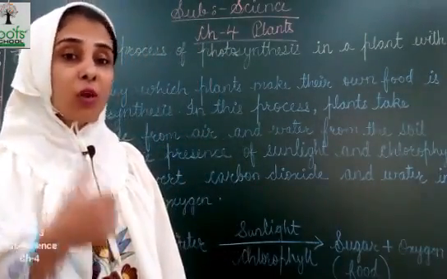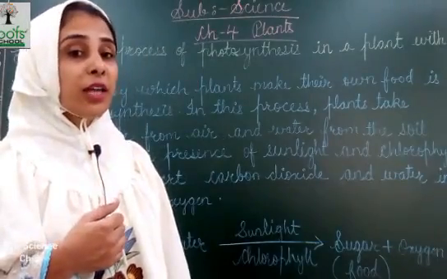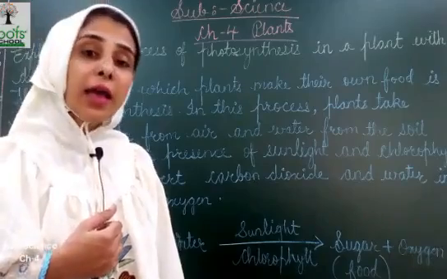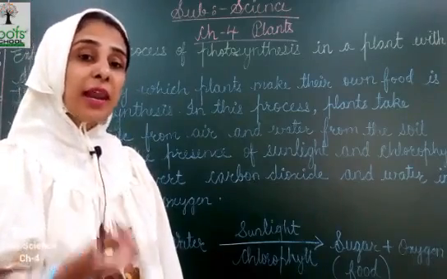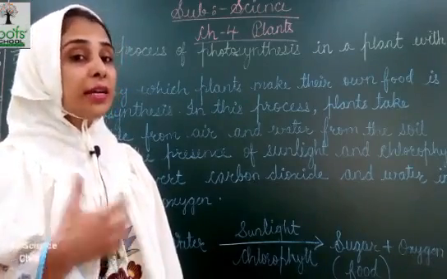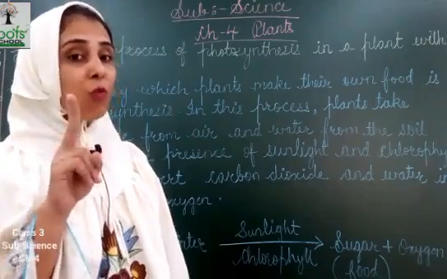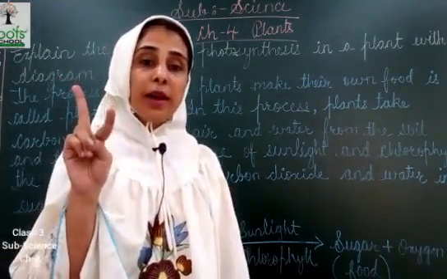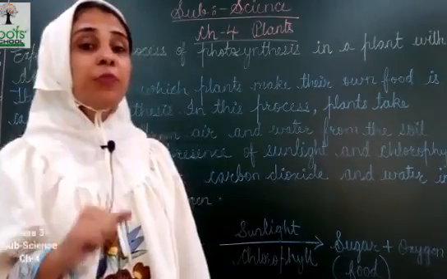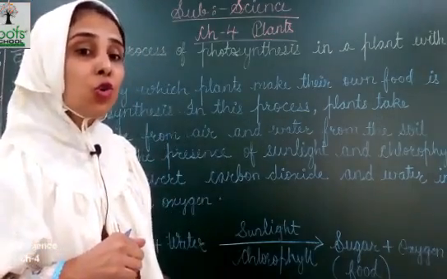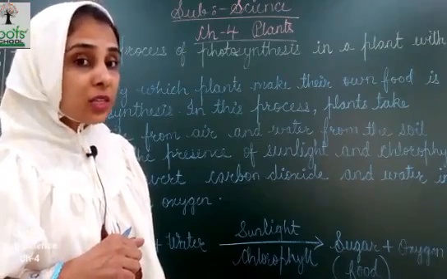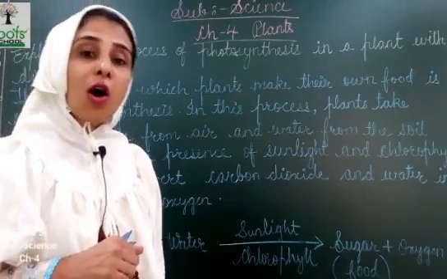What does it take from the soil? Water. And carbon dioxide from air. So in presence of sunlight and chlorophyll, it converts carbon dioxide and water into sugar, that is its food, and it gives out oxygen.